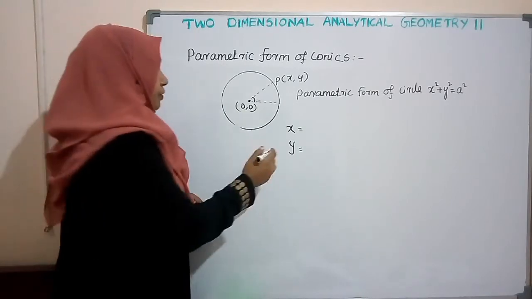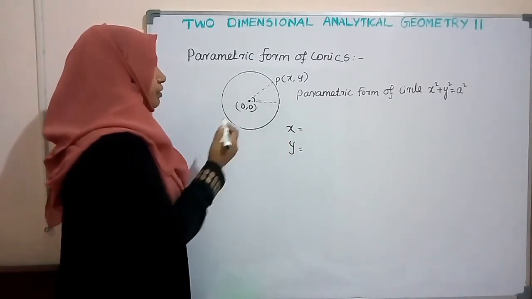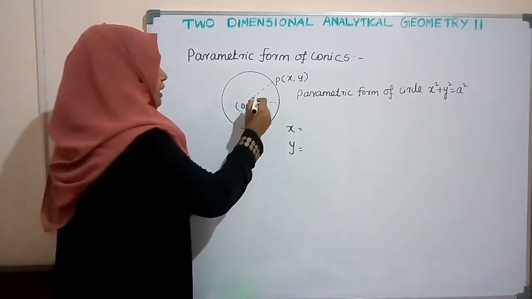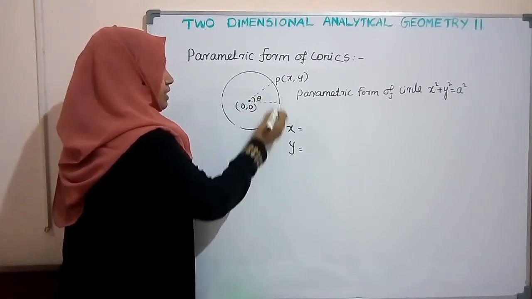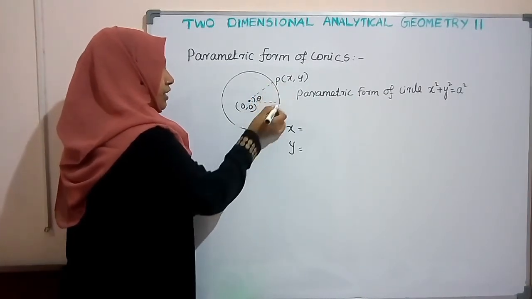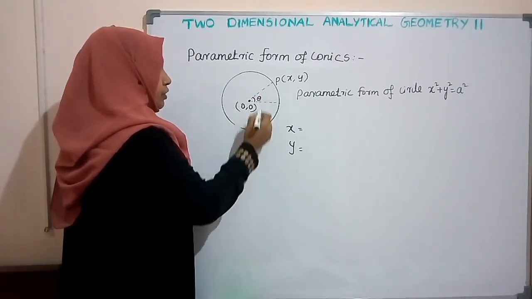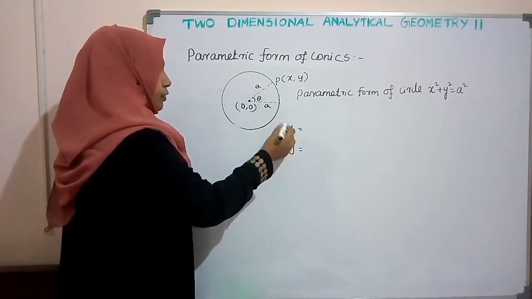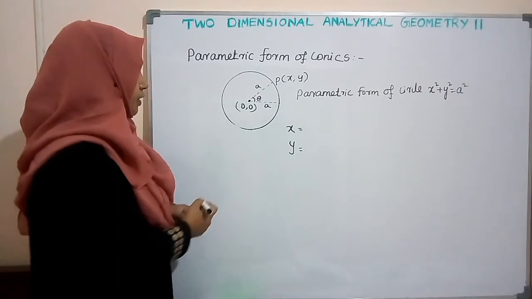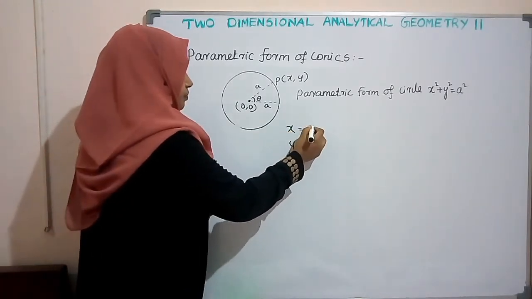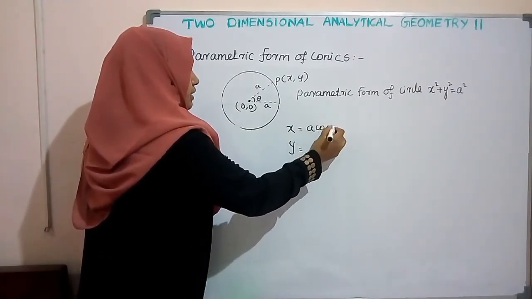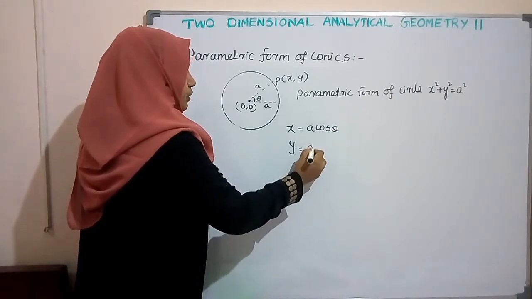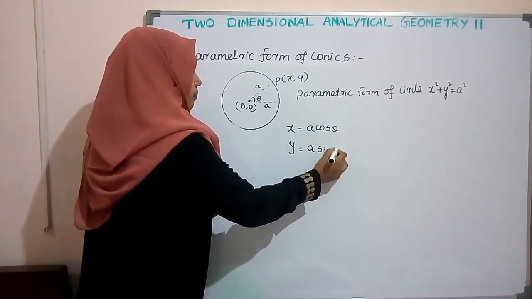For this, we are going to use a parameter theta. Consider a point P anywhere on the circle, and using this theta and the radius A, we are going to write the parametric equation. So x is equal to A cos theta and y is equal to A sin theta.